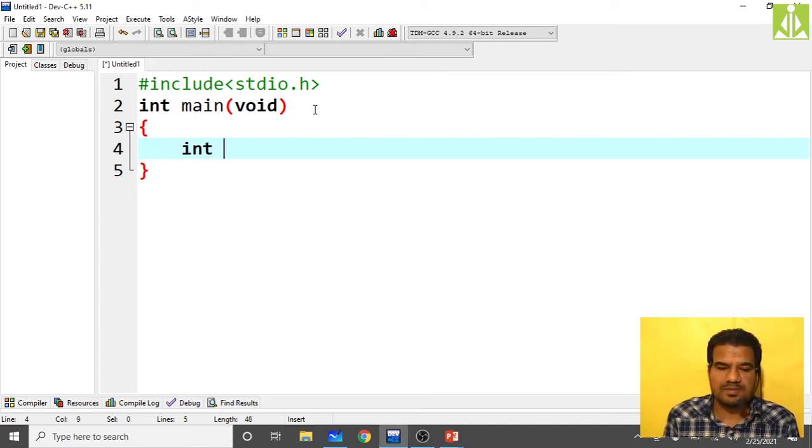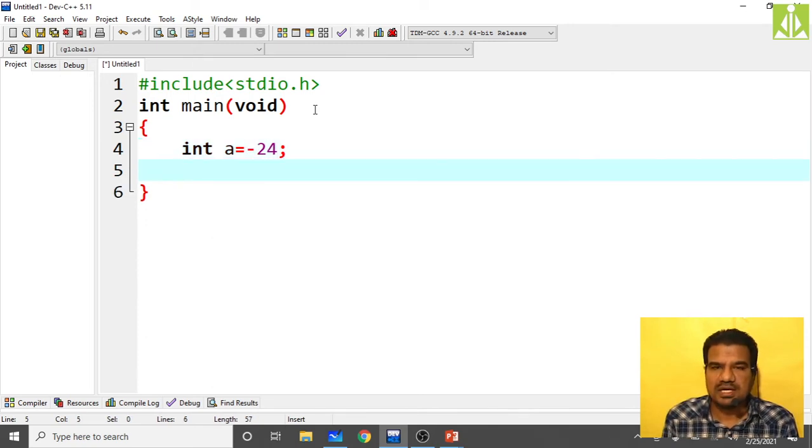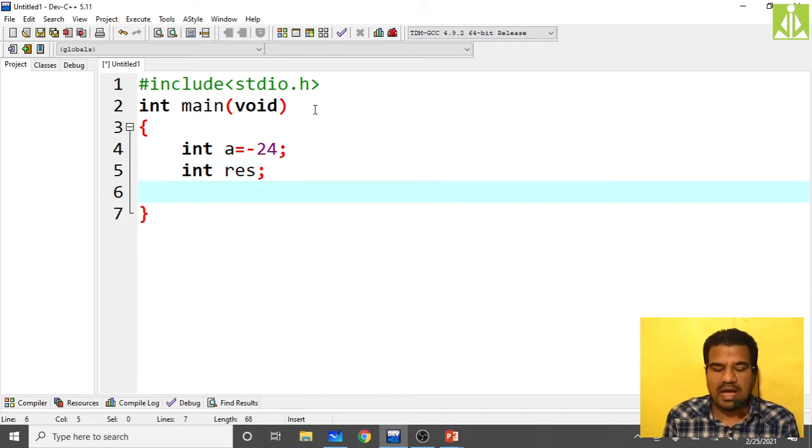So first let us practice with integers. int a equals to, some 24 I have given, or minus 24 we will take. Now I want to find the absolute value of this minus 24. We can do it this way: int result, because whenever you are calculating the absolute value of an integer, we need to use the absolute function.